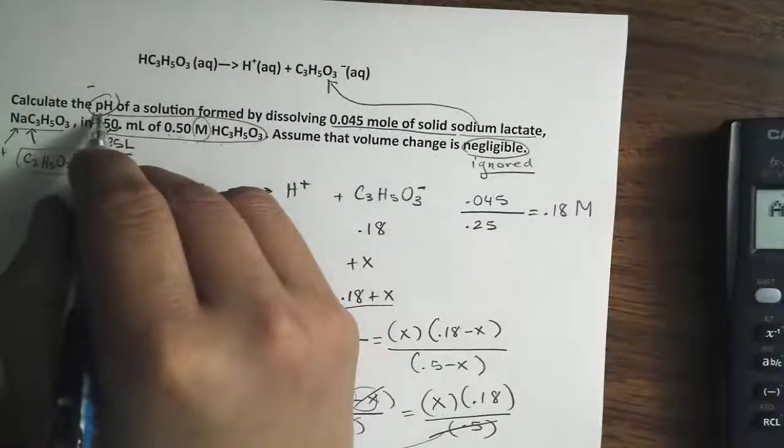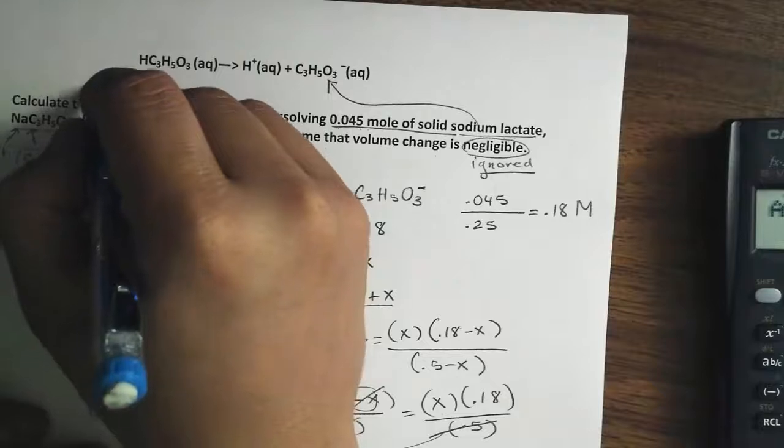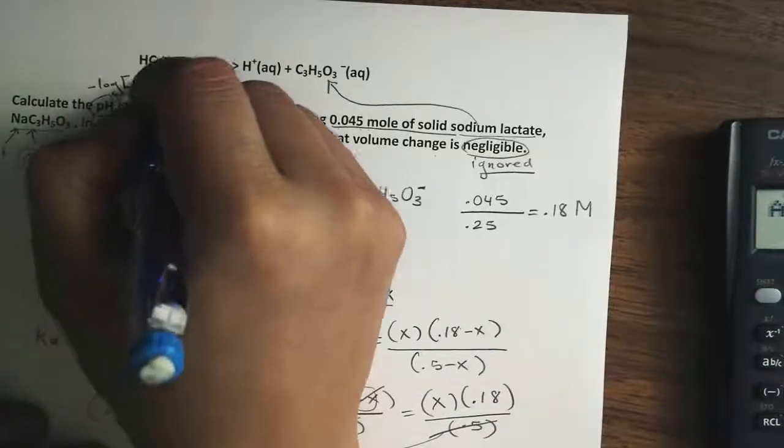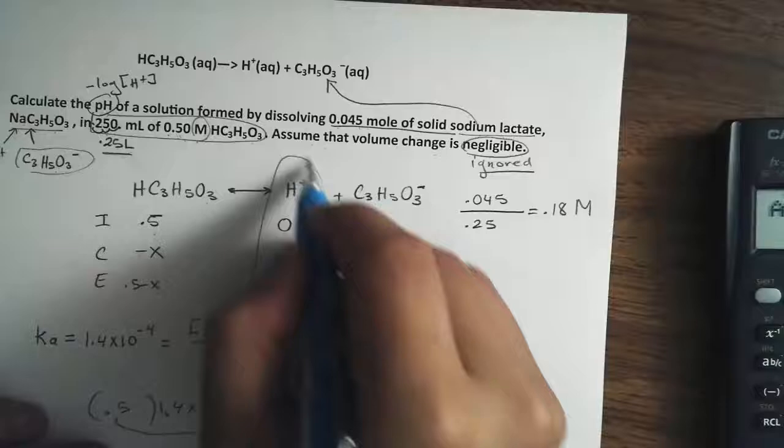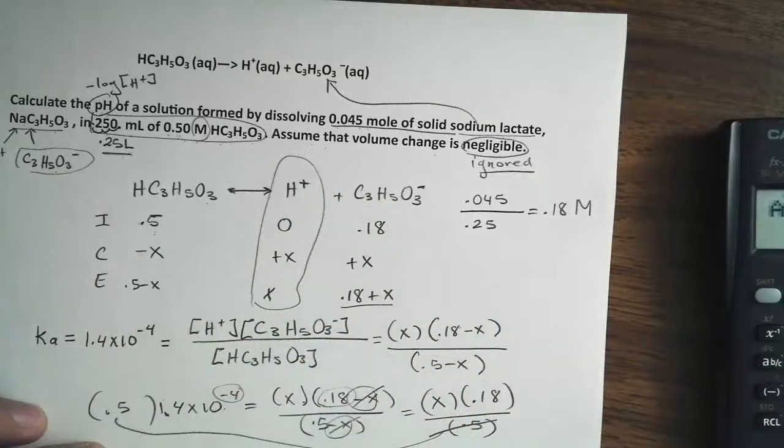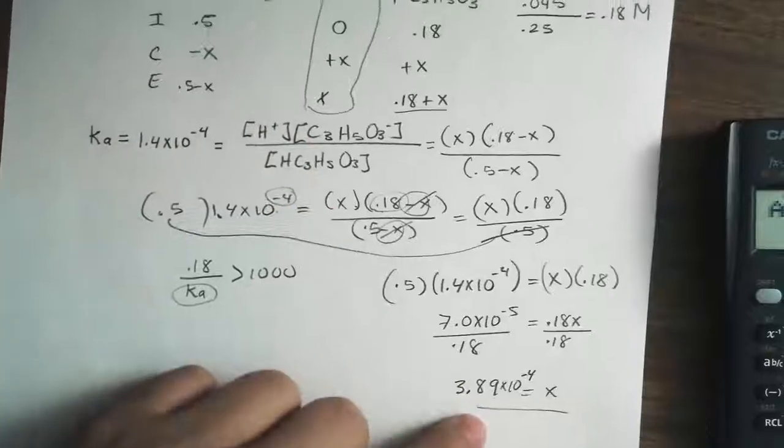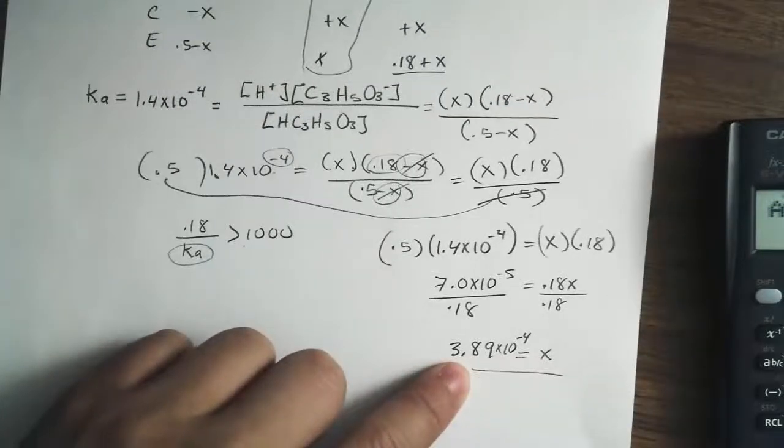And now we have to find our pH. Our pH is the negative log of the concentration of H+, and this is what we are looking for. It's expressed in terms of x, which we just found right there. So all we have to do is take the negative log of this, and that will give us our pH.